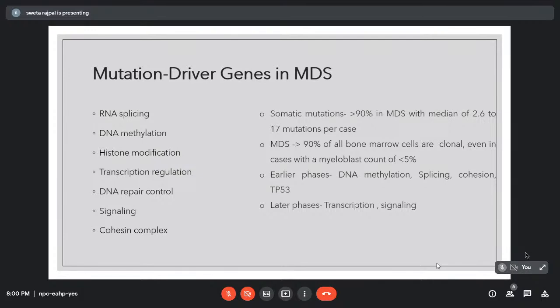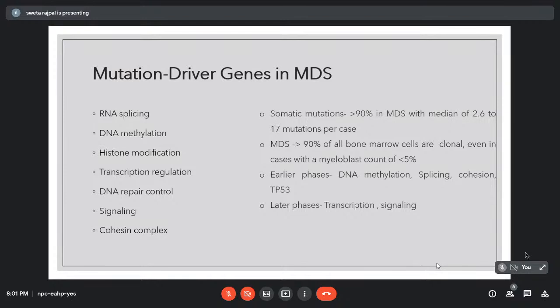So what are the driver mutation genes in MDS? The genes commonly involved in MDS are RNA splicing, DNA methylation, histone modification, transcription regulation, DNA repair control, signaling pathways, and genes involved in the cohesin complex. Most of these are somatic mutations. In 90% of the cases, if you do NGS or molecular studies, we can find these mutations.